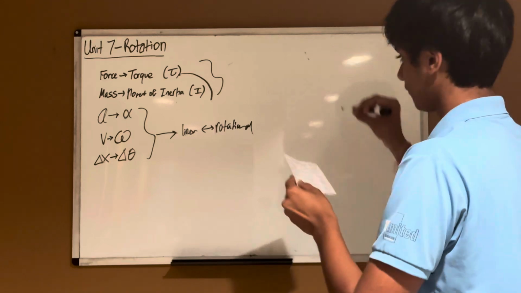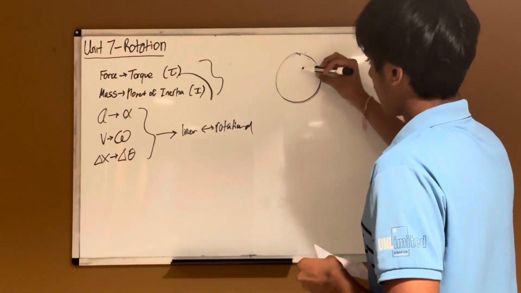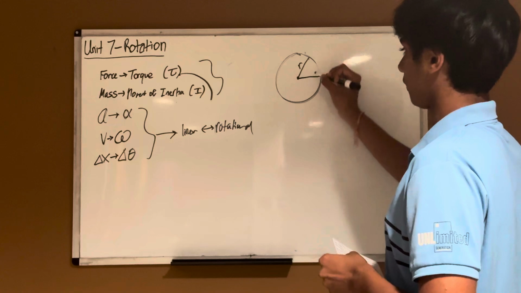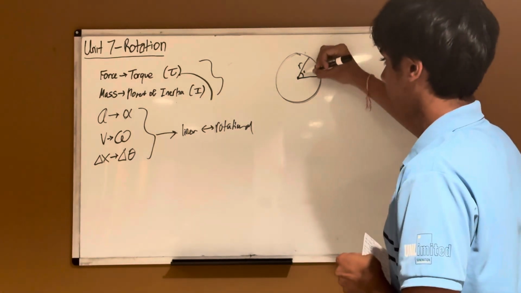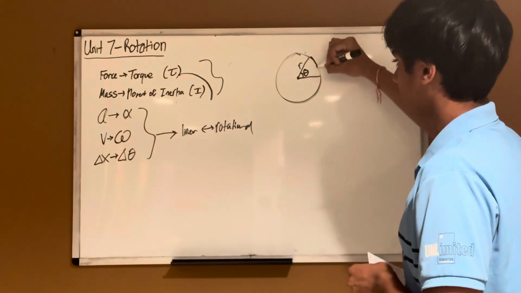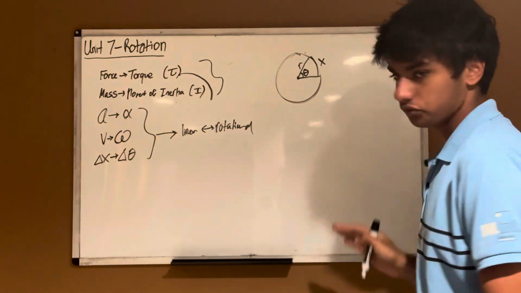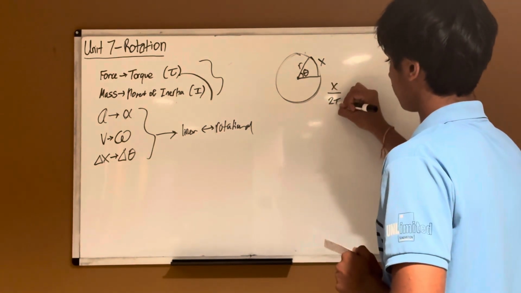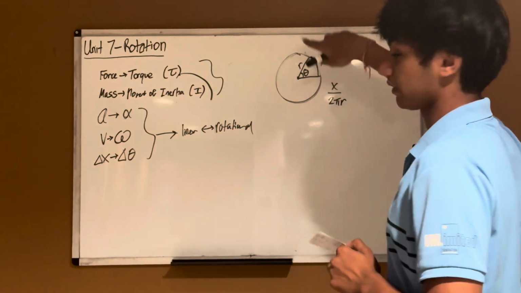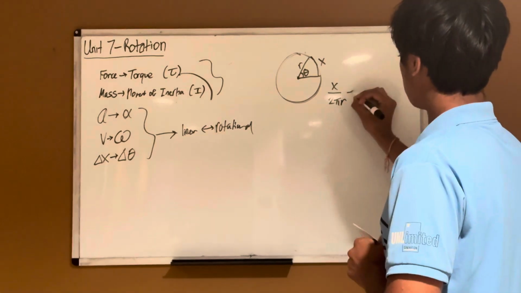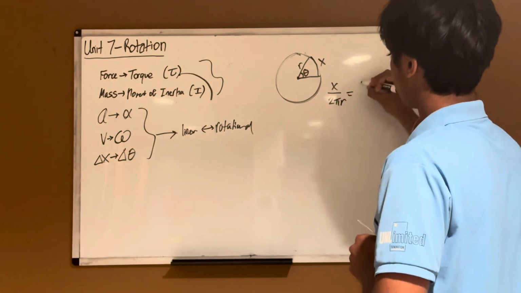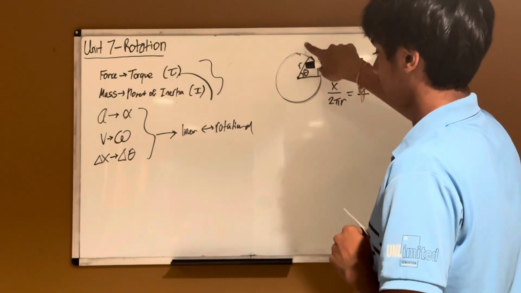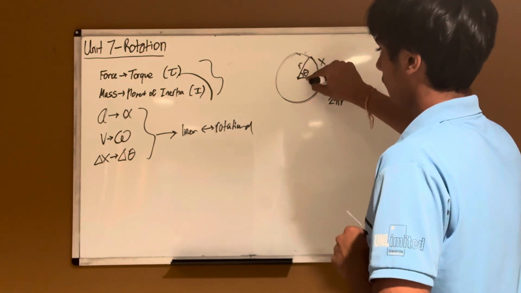Okay, so let's imagine we have a circle with a radius r, and we create an arc of angle theta, and the arc's length is x. First I'm going to use some basic rules. x over 2 pi r, where 2 pi r is the entire circle circumference, equals theta over 2 pi, a proportion, theta over the entire circle.